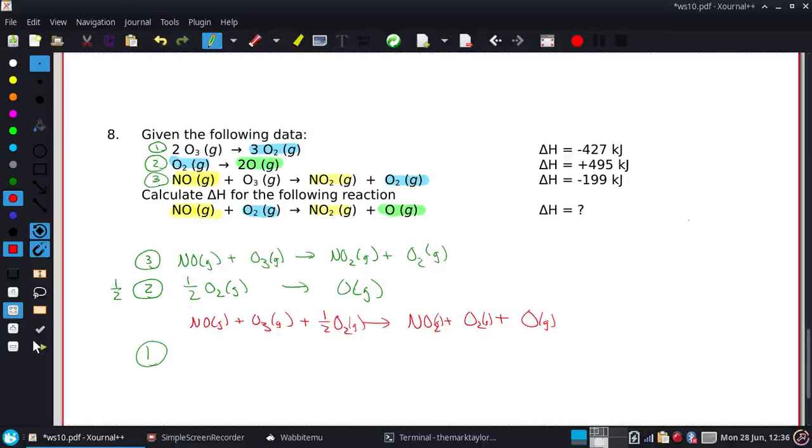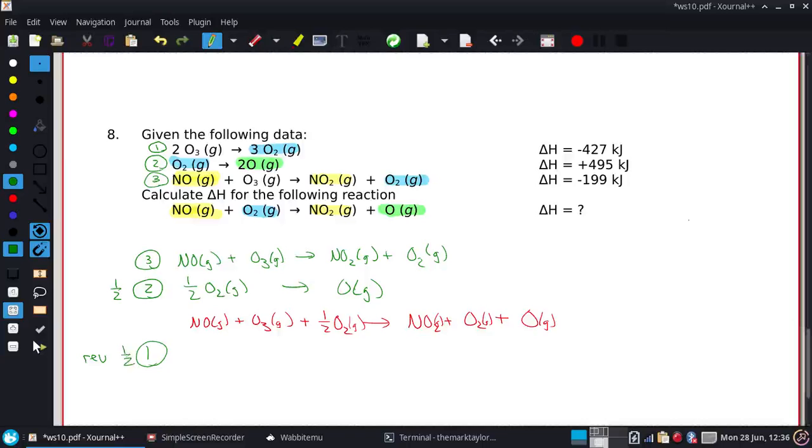I want O3 gone. So when I rewrite my third equation, or my equation 1, I want O3 as a product instead of a reactant. So I am going to reverse it. But I want one O3 because I want it gone. So I'm going to multiply all my coefficients by 1/2.